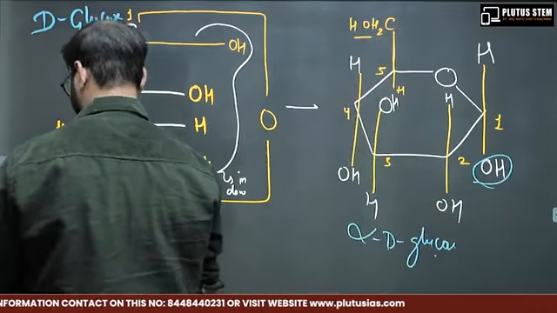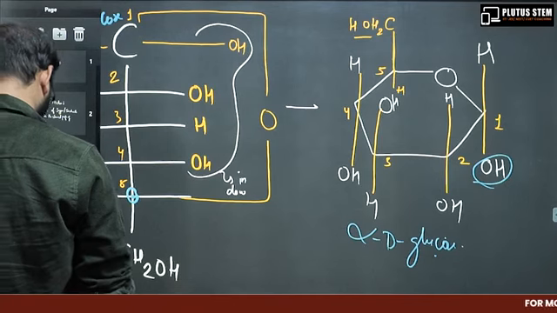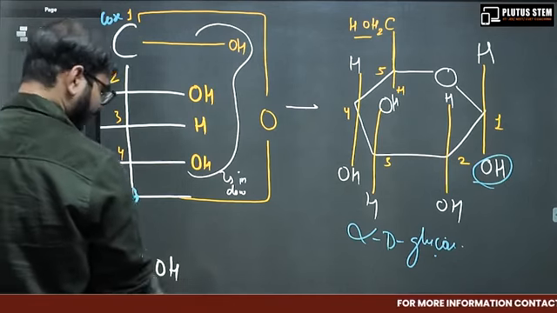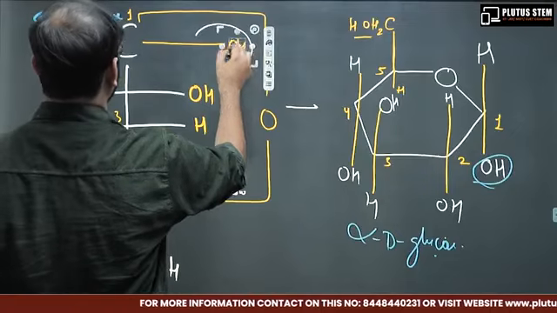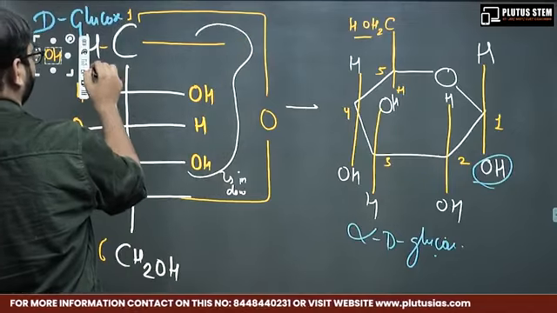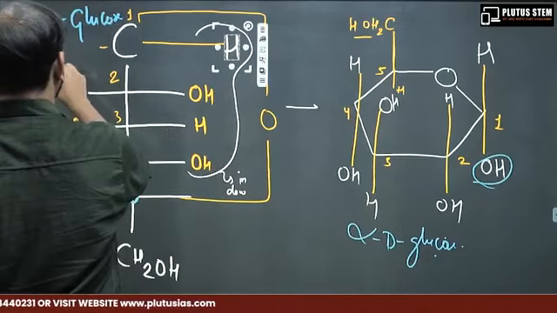Now let's try to represent the structure of beta D glucose. In beta D glucose, the only option we have is replacing the position of hydrogen with OH.